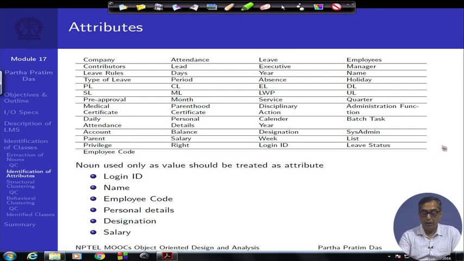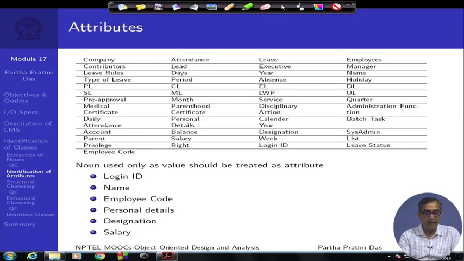So, here on top again you have the set of nouns that we have extracted, and let us look at what could be an attribute. So, what is the characteristic of an attribute?